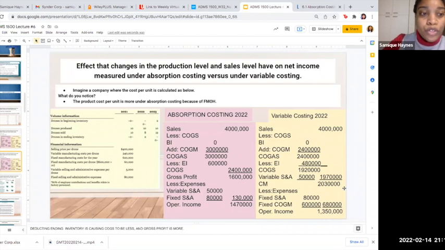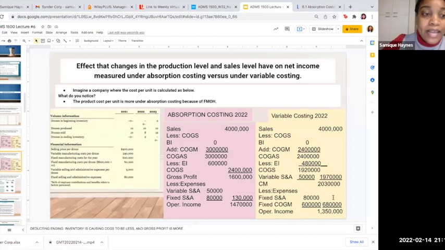If you don't have any inventory, you produce and then you sell the same, then your operating incomes are the same for both income statements. If you end up producing more than you sold and you have an ending inventory, your absorption costing operating or net income will be higher than your variable costing income.